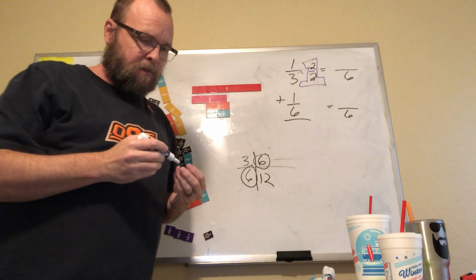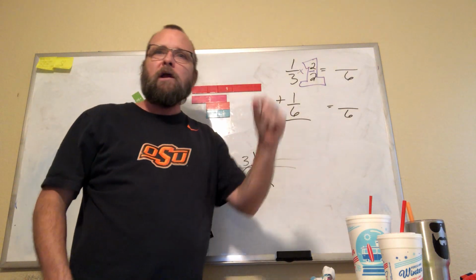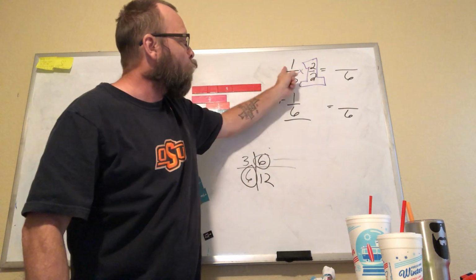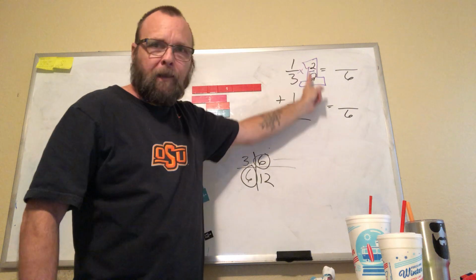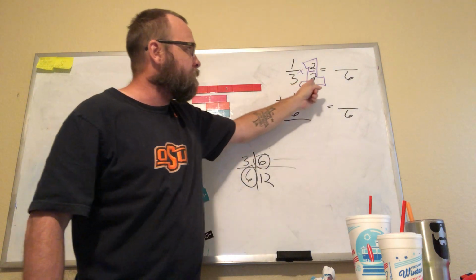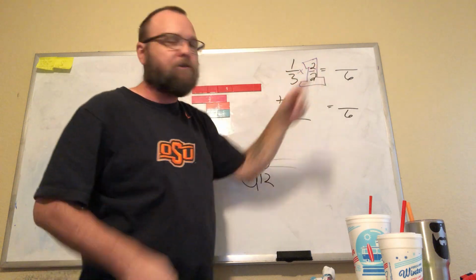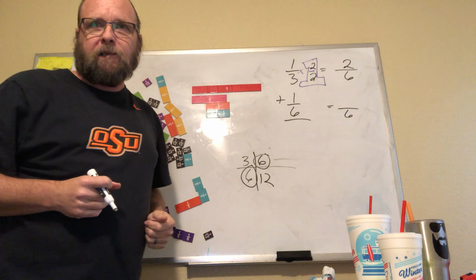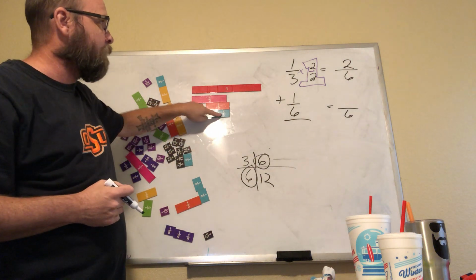Any fraction that has the same numerator and denominator equals 1. So I am multiplying 1/3 times 2 over 2. If I multiply straight across, 3 times 2 is 6, 1 times 2 is 2. So now I have 2/6, just like I said here, 1/3 equals 2/6.